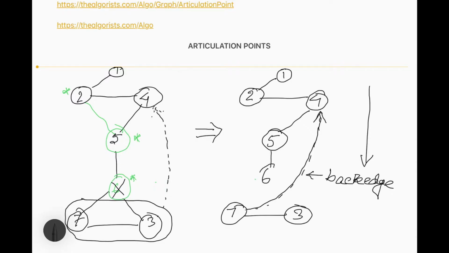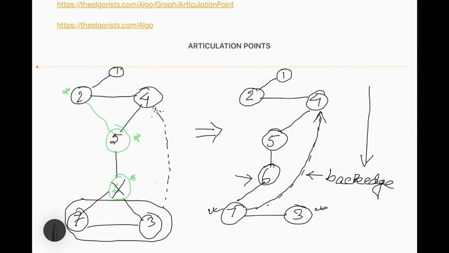What I mean is that, say we are at node 6 now, so 6 is the current node, and we are doing DFS on 6, and from there we will be doing DFS on its adjacent nodes, and then the rest of the descendants. So here 7 and 3 are the descendants of 6.